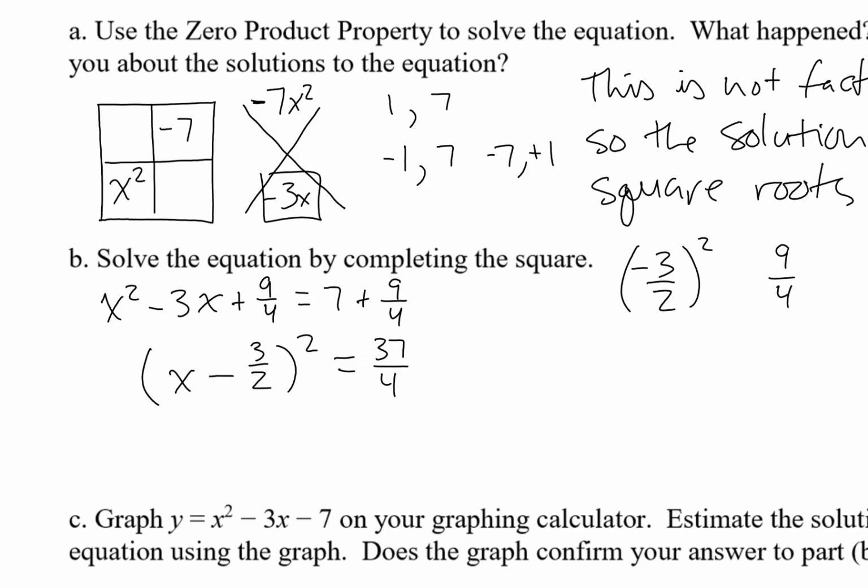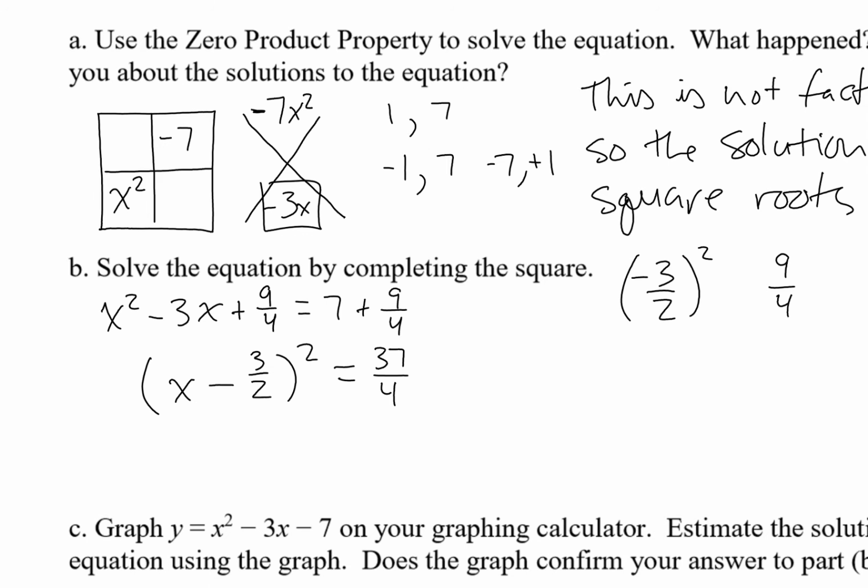Now, the next step, of course, is to go ahead and take the square root of both sides. When I take the square root of this side, and I take the square root of this side, the thing on the left-hand side becomes the absolute value. So this becomes the absolute value of x minus 3/2. And this should look familiar because we did this just the other day together.